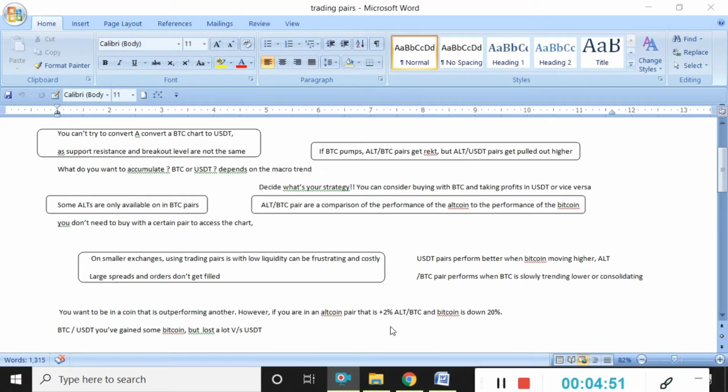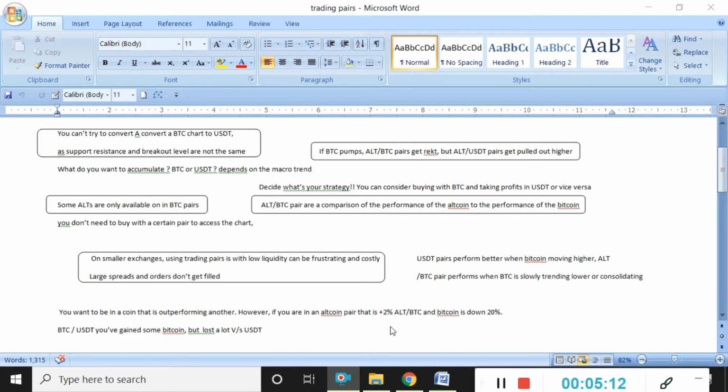You're going to have orders that don't get filled, so along with being on an exchange with a lot of volume, you want to be in trading pairs with high liquidity. Most of the volume is in your BTC or USDT traded pairs. If you start trading pairs like XRP or other alt pairs, you're probably not going to get the liquidity you're looking for, and that's another idea that goes into the big picture.